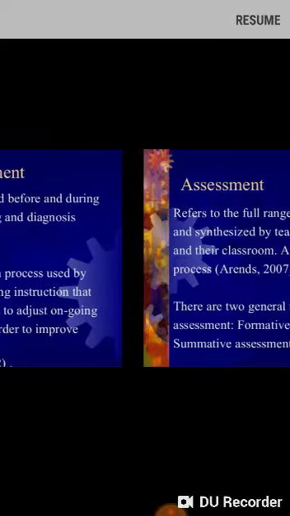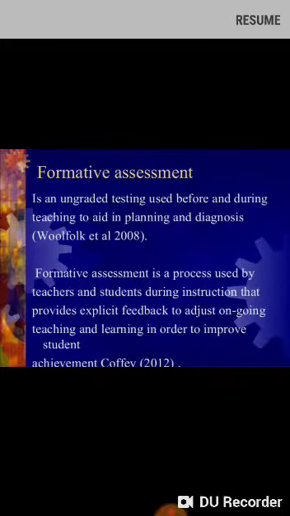Now let me define the formative assessment. It is an ungraded testing used before and during teaching to aid in planning and diagnosis. Formative assessment is a process used by teachers and students during instruction that provides explicit feedback to adjust ongoing teaching and learning in order to improve student achievement.